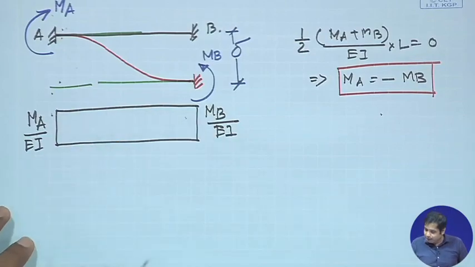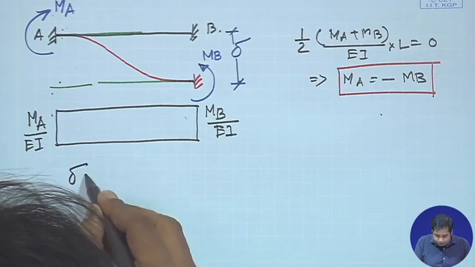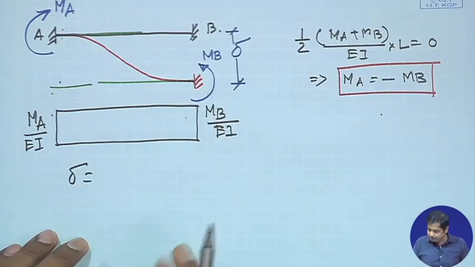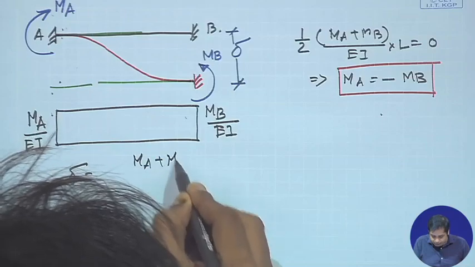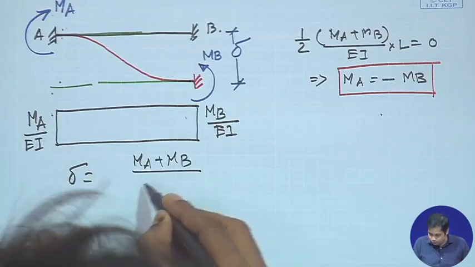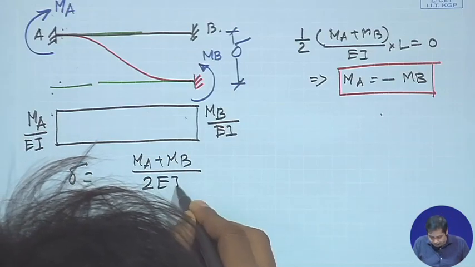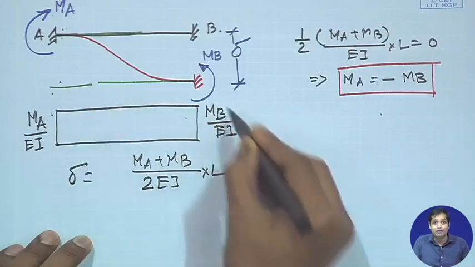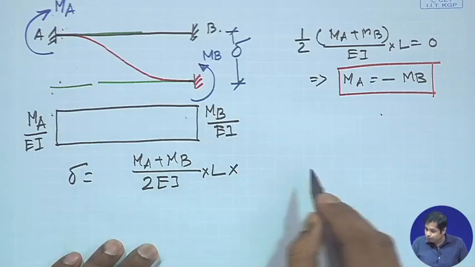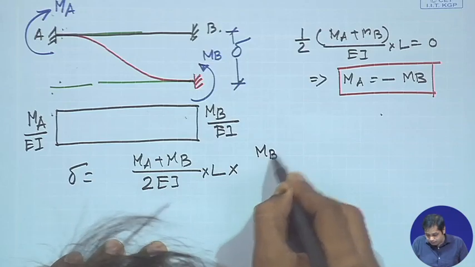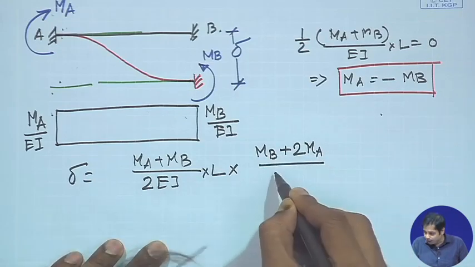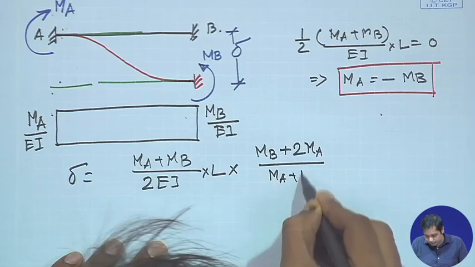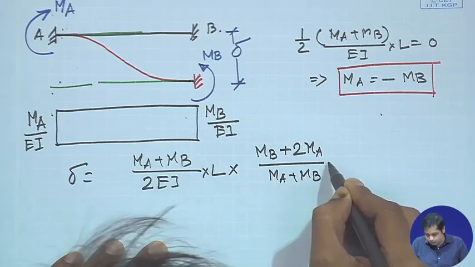Now the delta will be, taking the moment of this diagram, the area which is (MA plus MB) divided by 2EI into L, that is the area of this bending moment diagram, into (MB plus 2MA) divided by (MA plus MB) into L by 3.